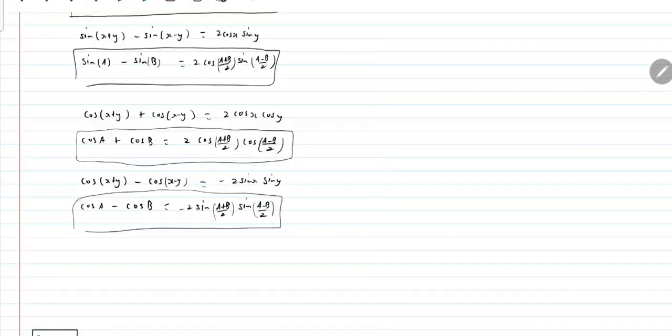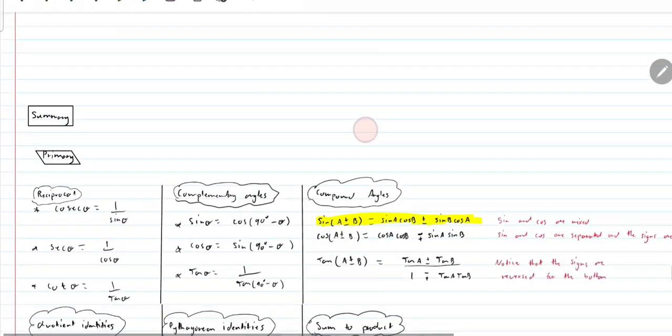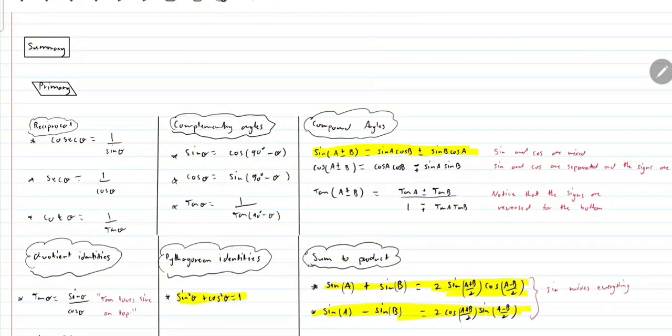All of our fundamental identities, I've proven them, and now let's put everything together. I have a nice summary here. I would have divided the set of identities into 2 groups. A primary group, which will consist of the identities that you're going to have to remember, do your best to memorize them.